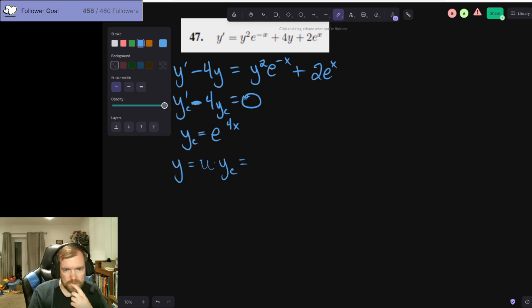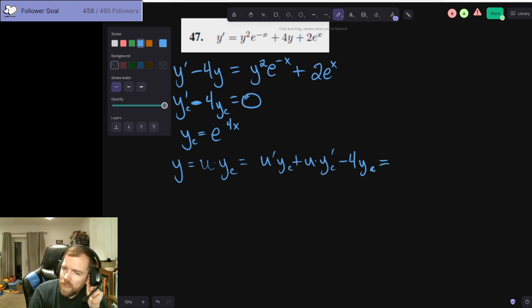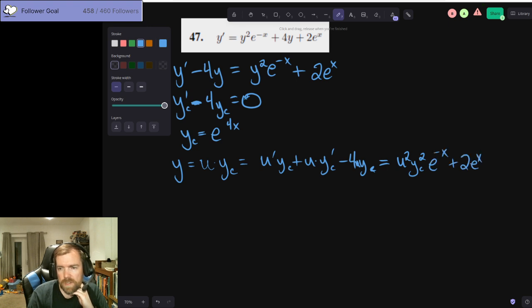So we go back to the original. u prime y sub c plus u times y sub c prime, we could shortcut this realistically, minus 4 u times y sub c, is equal to u squared y sub c squared e to the negative x plus 2e to the x. That's not equal to there, that's just going to be a colon.